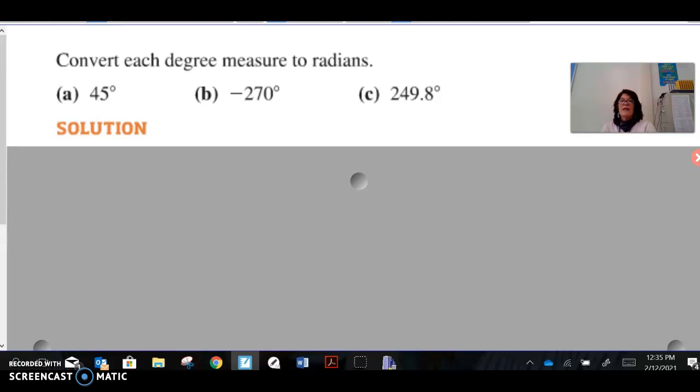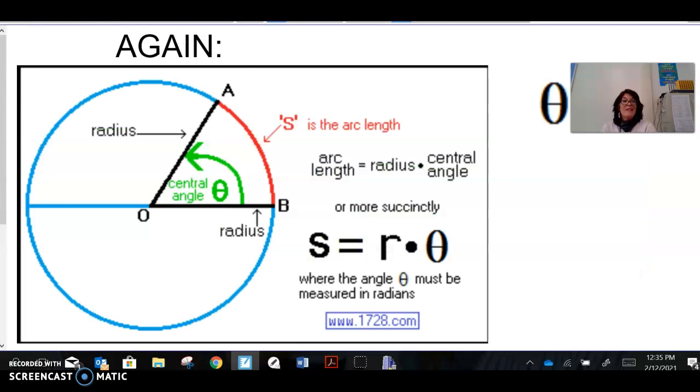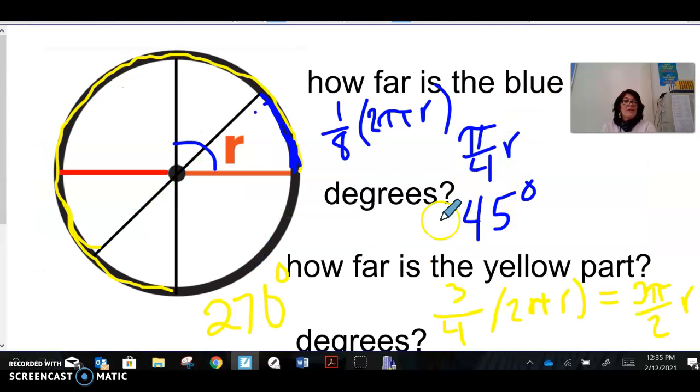Okay, so try these. Let's convert each degree measure to radians. 45 degrees. We already did it. I told you 45 degrees is 1/8 of the way around the circle, isn't it? 45 times 8 is 360. Okay, I'm 1/8 of the way around the circle, 45 degrees. 1/8 of 2 pi r is pi over 4 r.